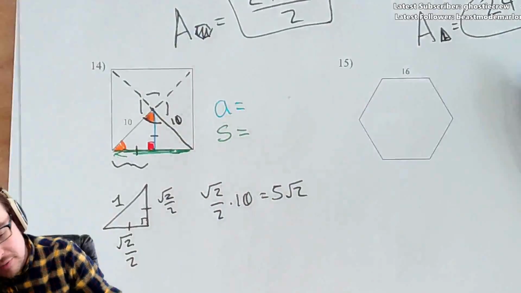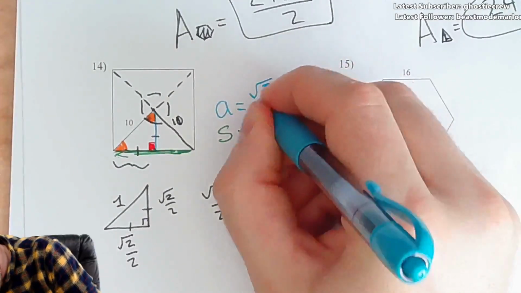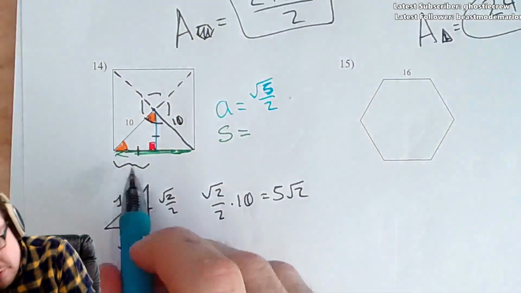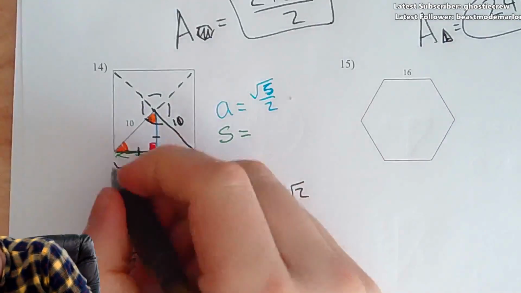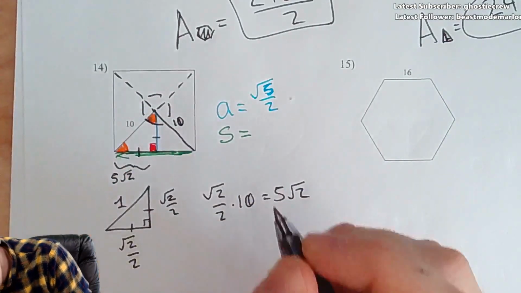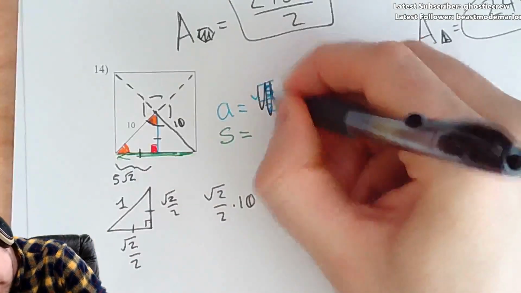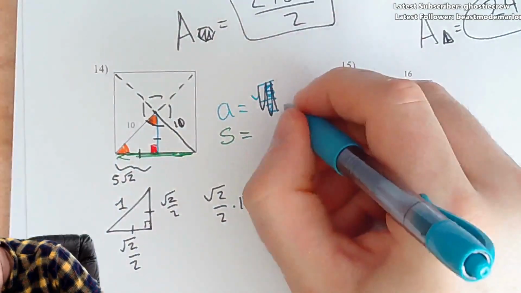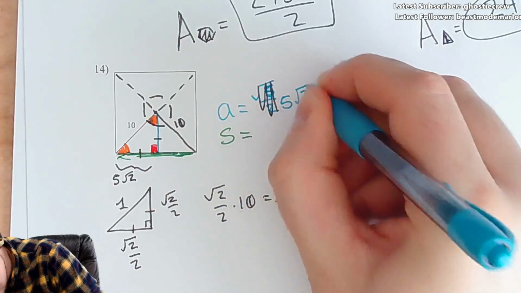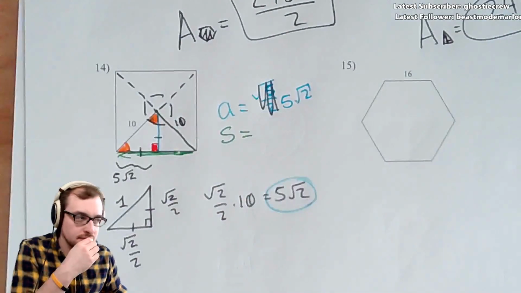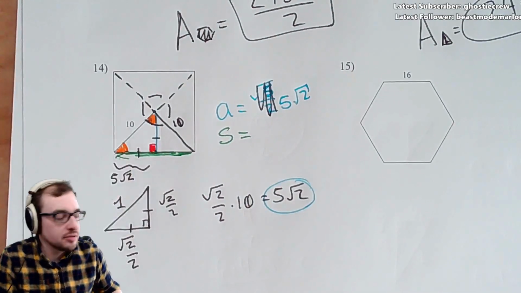So the apothem is 5 root 2. This much is 5 root 2. This guy. And this will be twice as big, so 10 root 2.